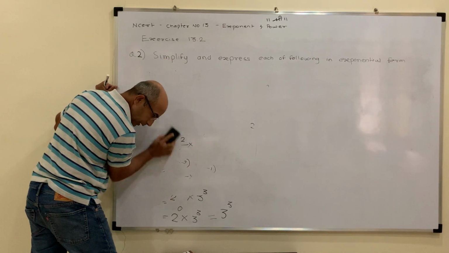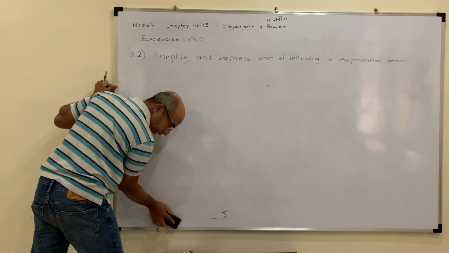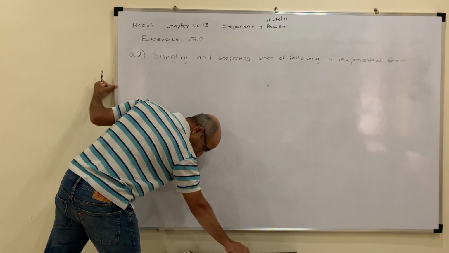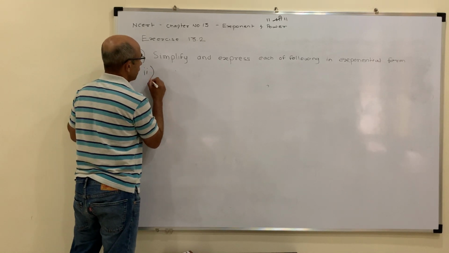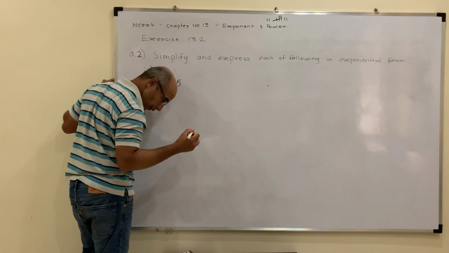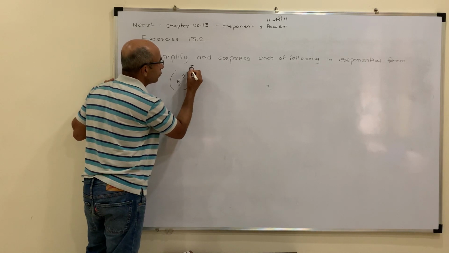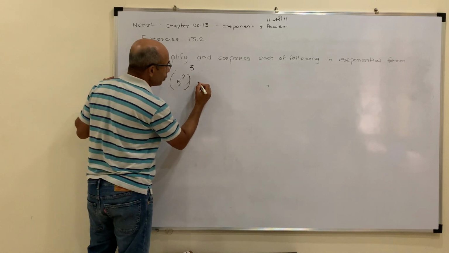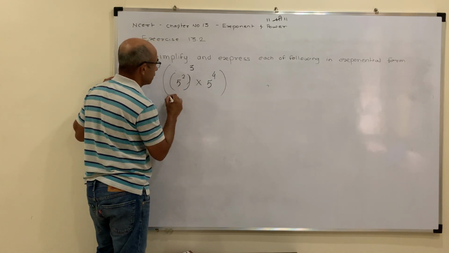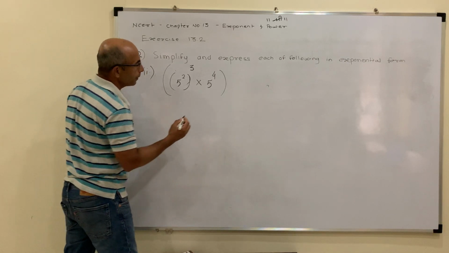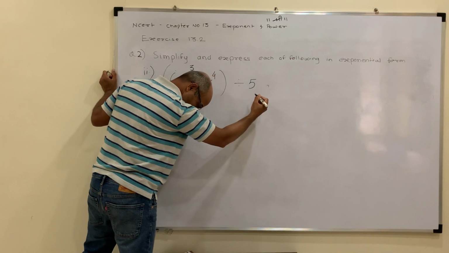The second one is 5 square raised to 3 into 5 raised to 4, and there is a bigger bracket, divided by 5 raised to 7.